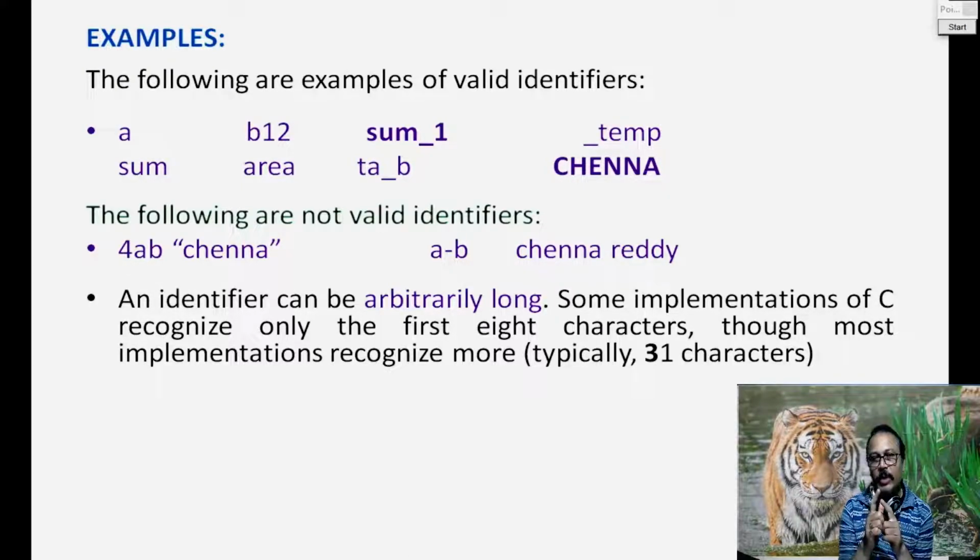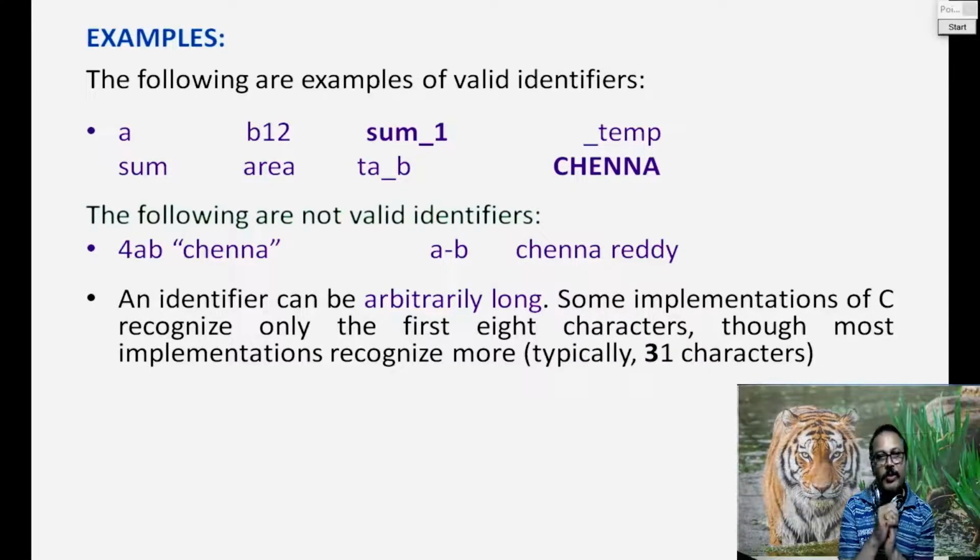But one point you have to remember is C differentiates between capital letters and small letters. A name written in capital letters is different from the same name written in small letters. It differentiates between uppercase and lowercase letters. That's why it is called case sensitive. Here case is whether it is lowercase or uppercase.